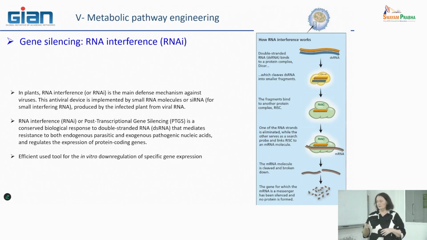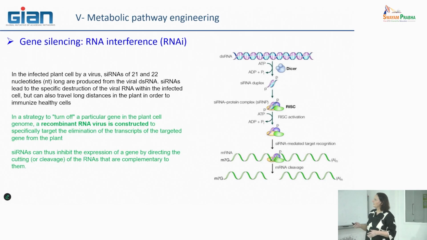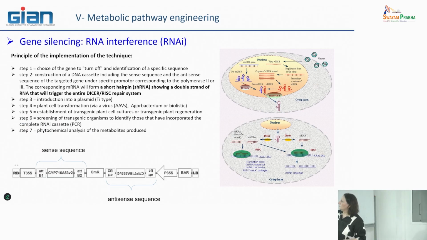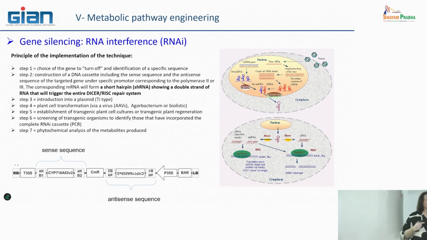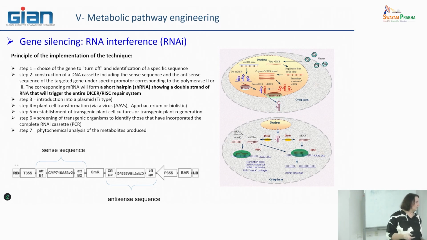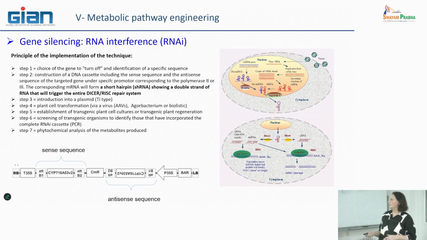But what happens in the construction of this mRNA? I can show you here. The construct of the sequence we want to introduce in the plants is like that. For example, we can imagine we want to silence this particular gene, a CYP, a P450 enzyme, for example.